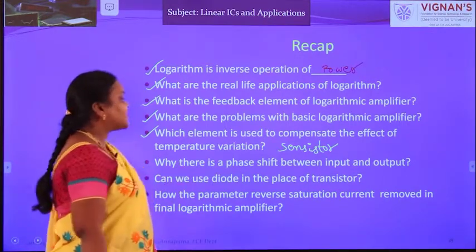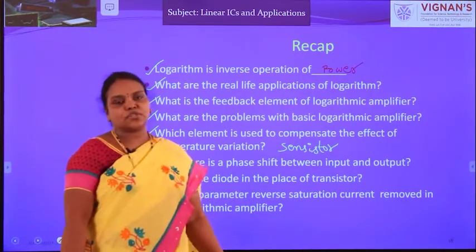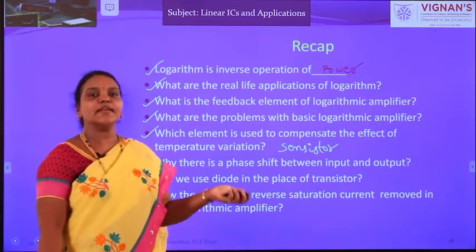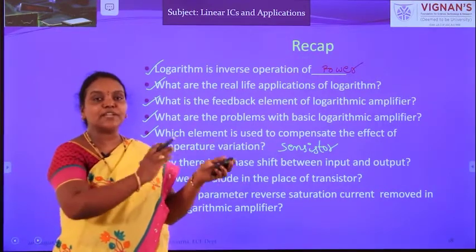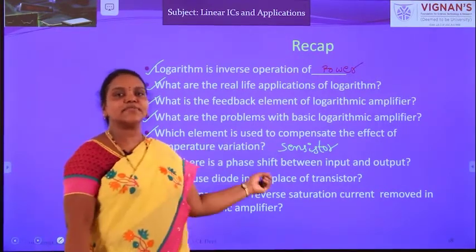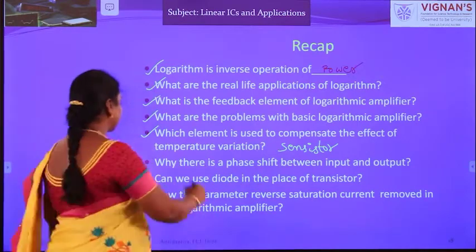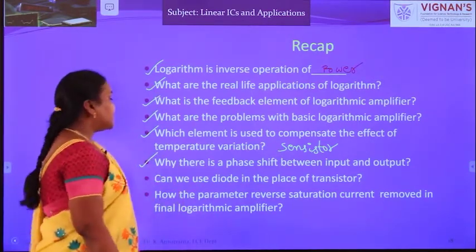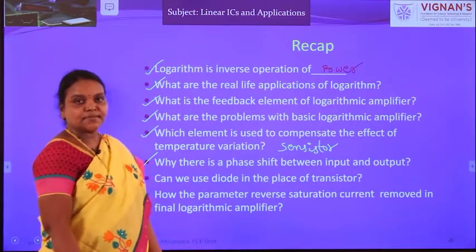Why is there a phase shift between input and output? Because we are operating in inverting configuration. Because the actual input is given to the inverting pin, that's why there is a phase shift. Can we use a diode in the place of a transistor? Yes.